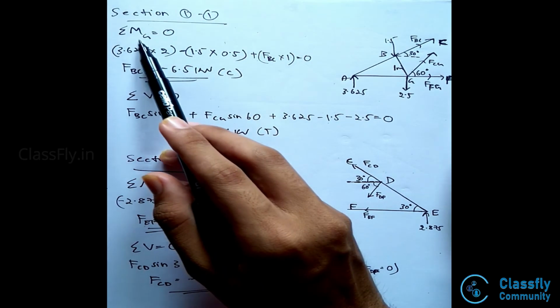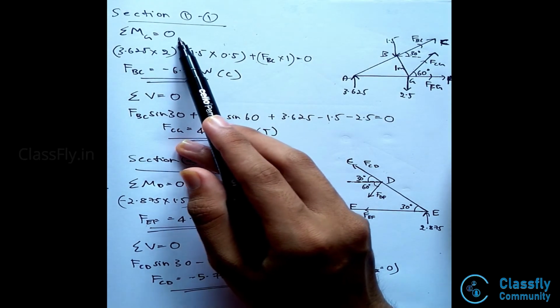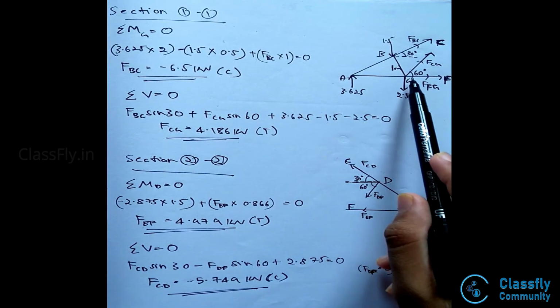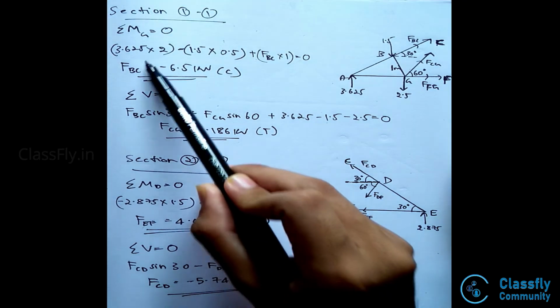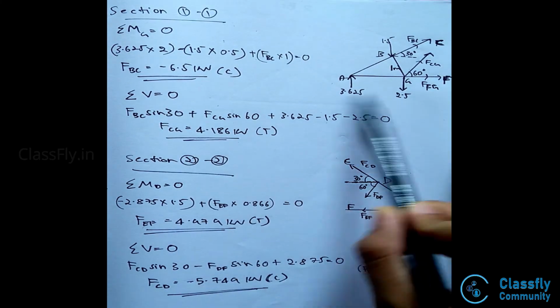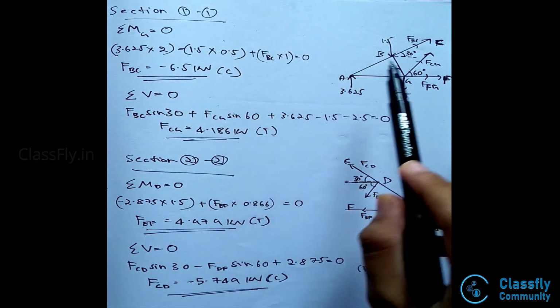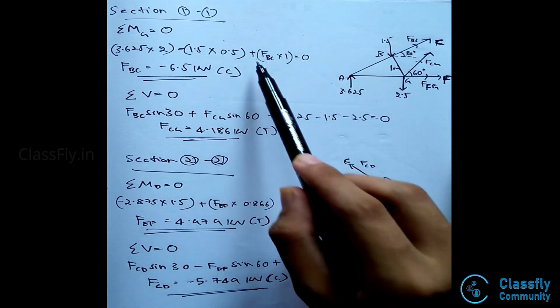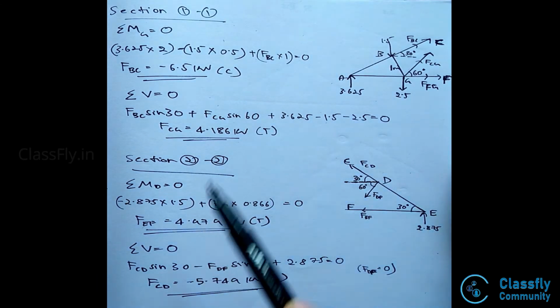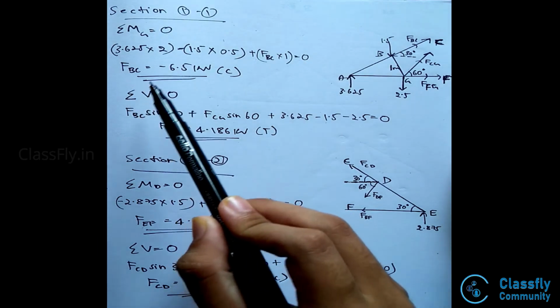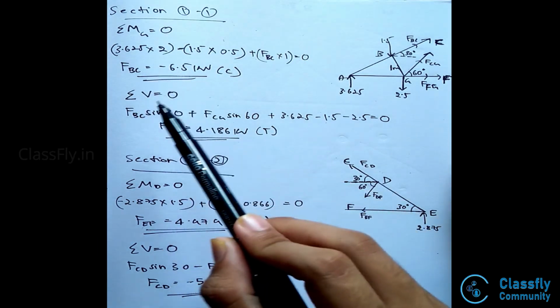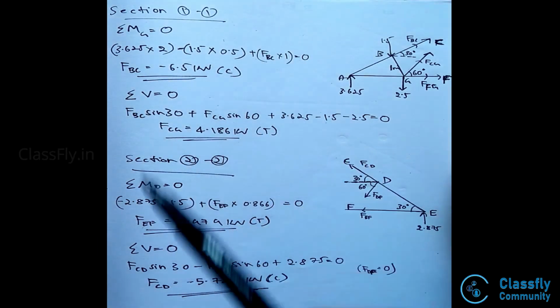Now, summation MG is equal to 0. Hence, taking moments about the point G, we have 3.625 into 2 minus 1.5 into 0.5 plus FBC into 1. This will be equal to 0. Hence, we get the value of FBC to be minus 6.5 kilonewtons, which is a compressive force.